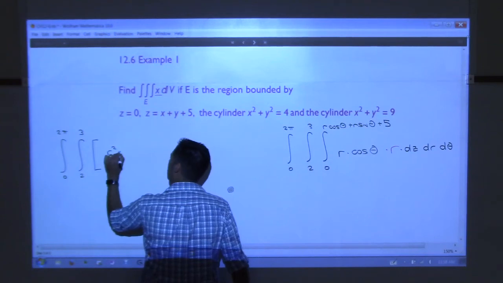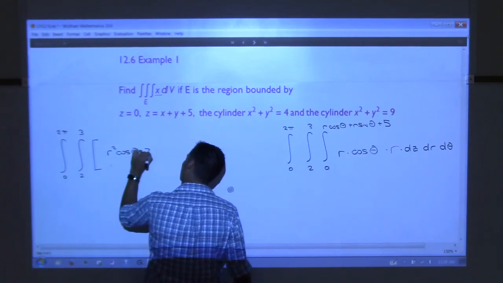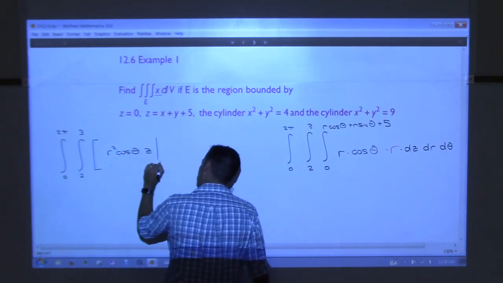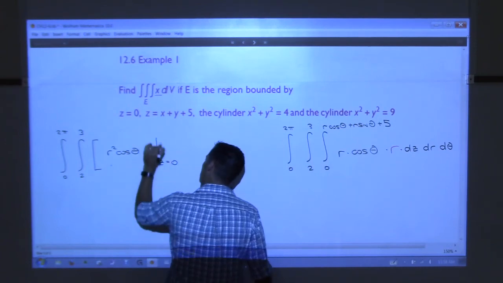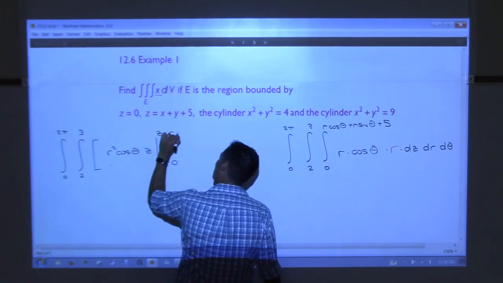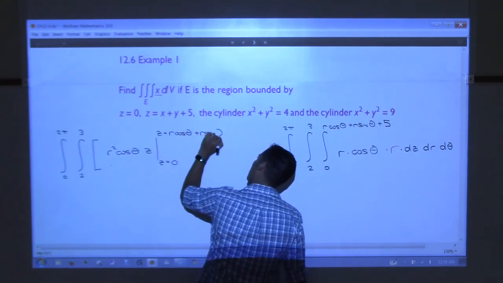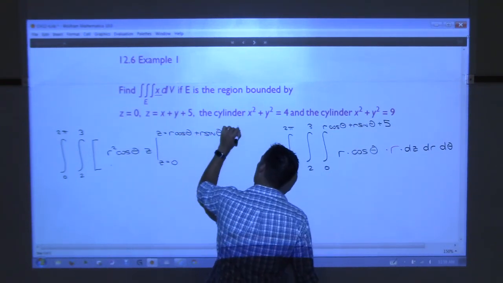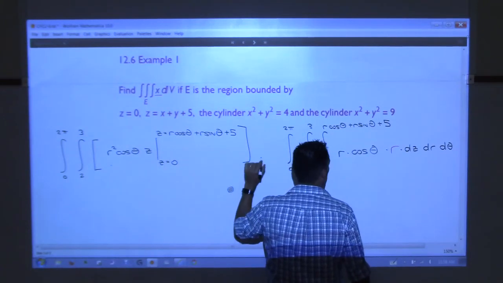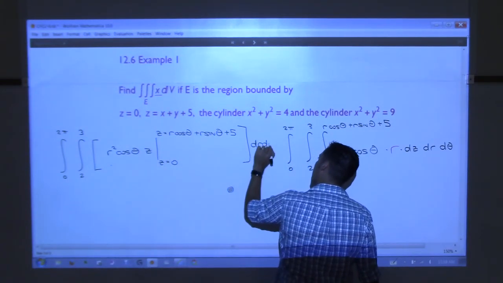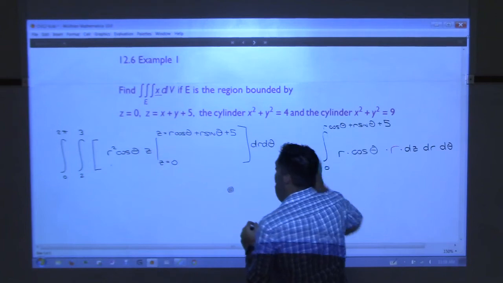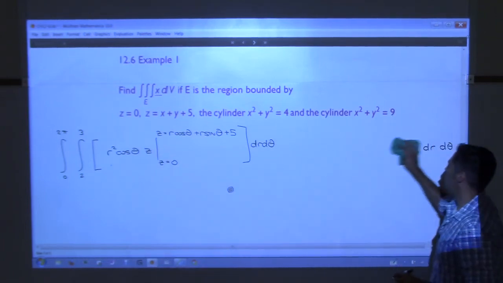And I'm evaluating z from 0 to r cosine theta plus r sine theta plus 5. And once I'm done with that, I'll integrate with respect to r and then with respect to theta. Questions on that?